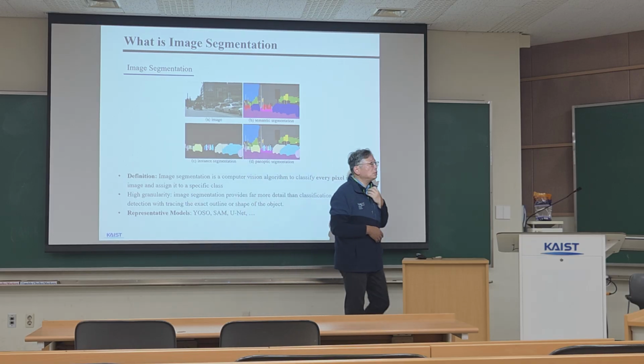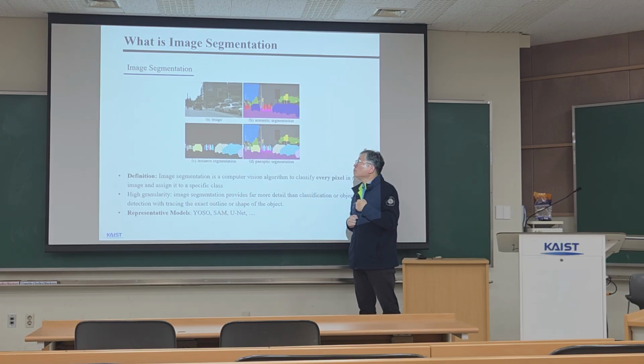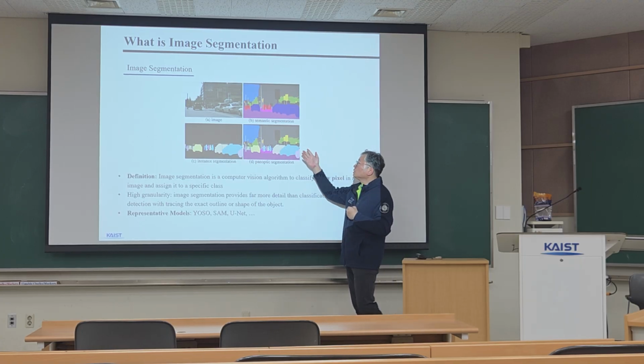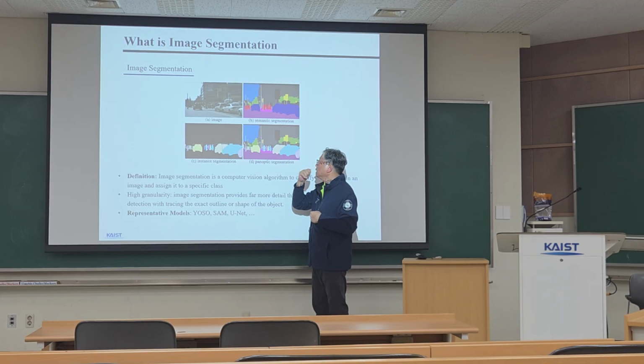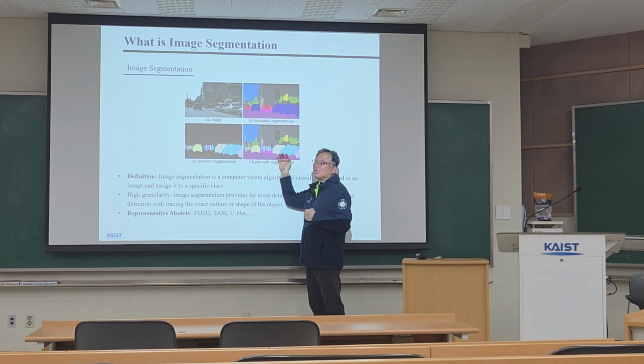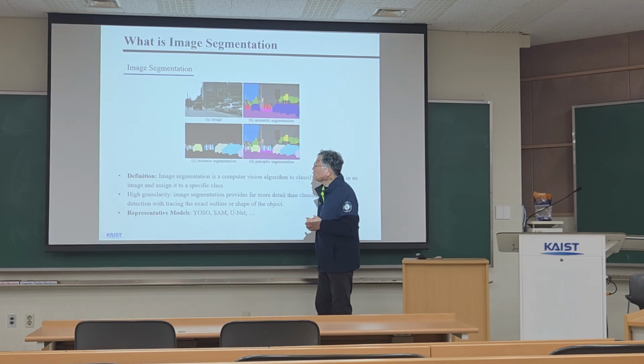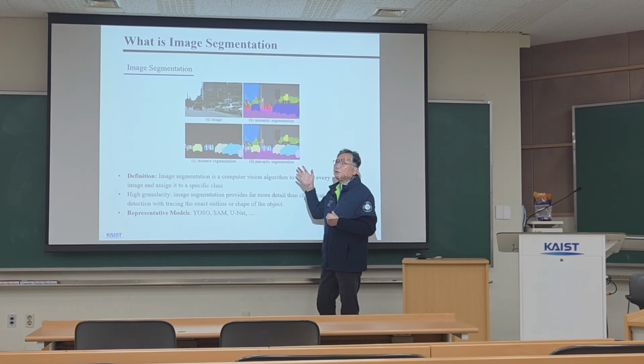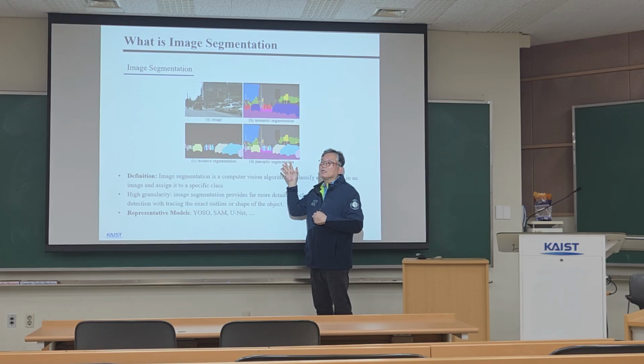Panoptic segmentation is a combination of semantic segmentation and instance segmentation. So it labels the foreground and background, and it distinguishes the different instances. Okay. I show you this because I think this is a much better understanding of the surroundings.